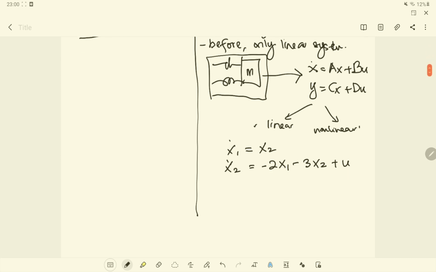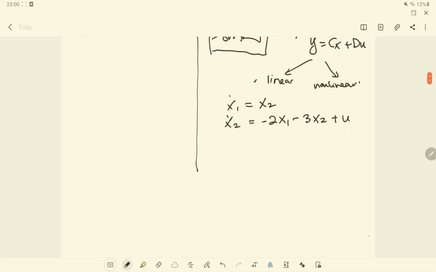So based on this equation, how can we identify whether the system is linear or non-linear? It's based on the linear and non-linear system characteristics. We discuss that after this. First, I just want you to know that from the equation, you can identify whether the system is linear or non-linear. That's number one.